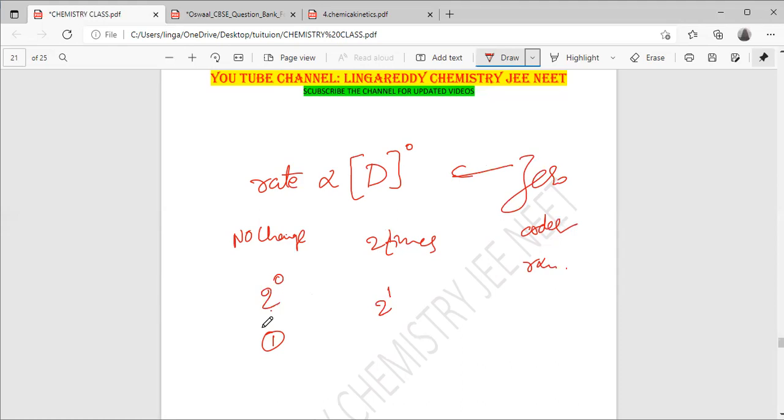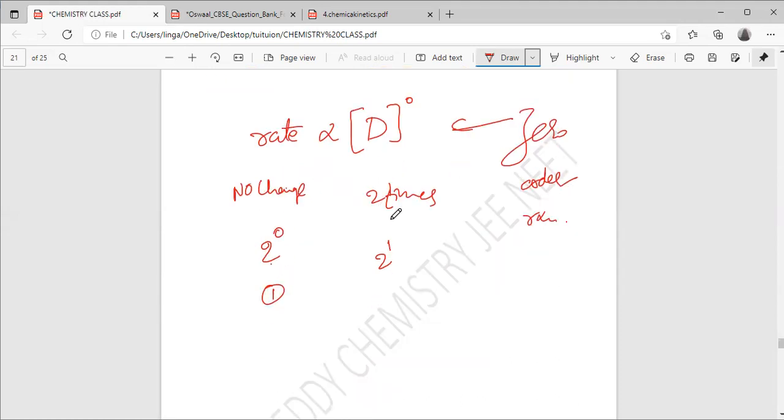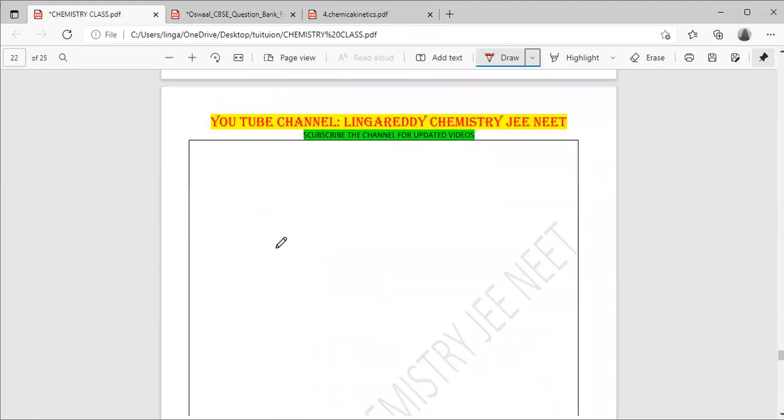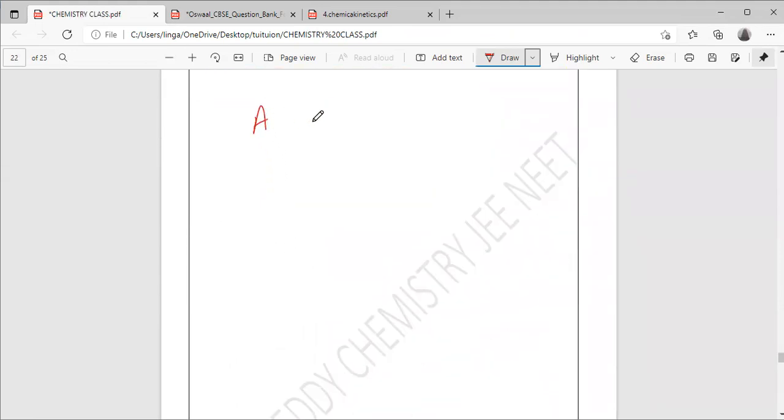Now, some examples: we are increasing the reactant concentration, but the rate will be the same. Which reactions will it be? A is giving the product. I am taking 1 M concentration initially. Per second, suppose 1000 molecules are forming.